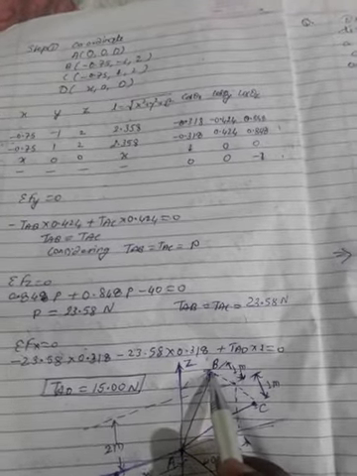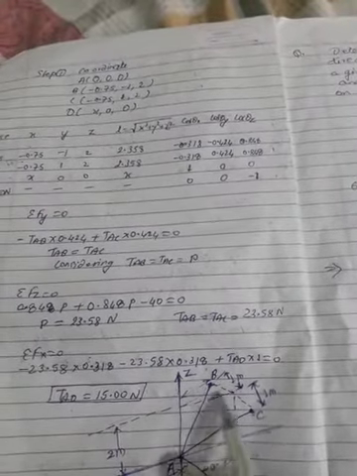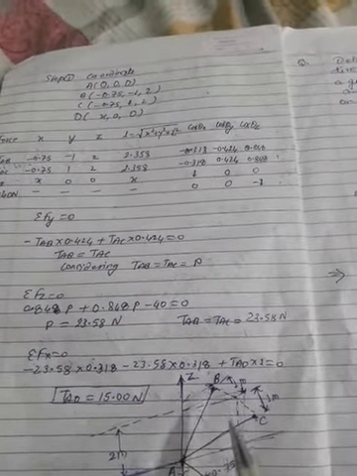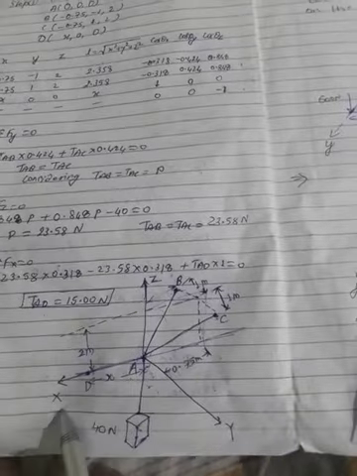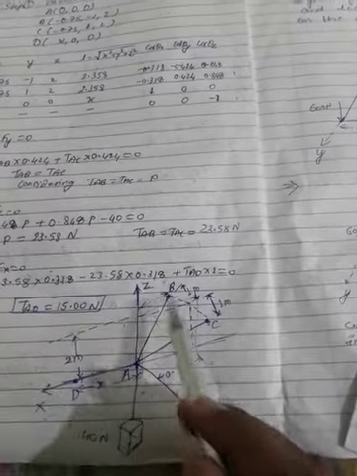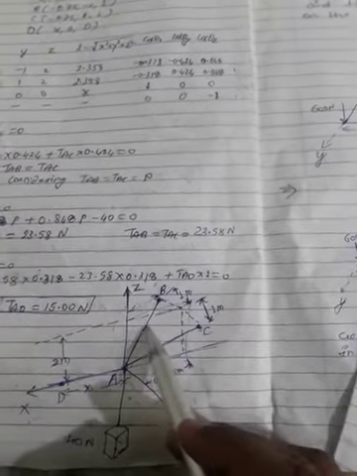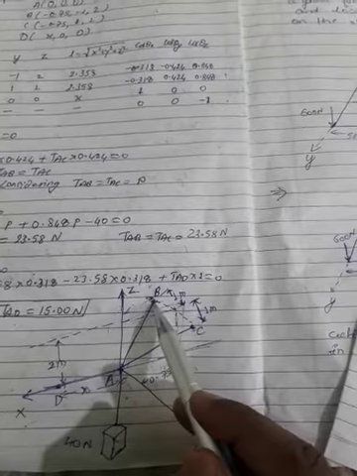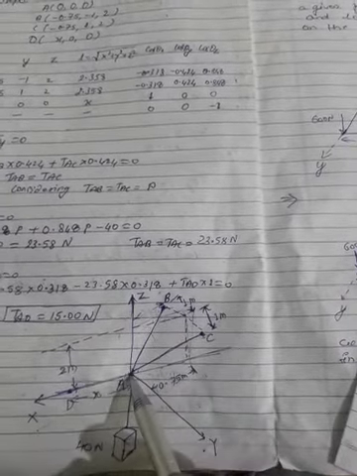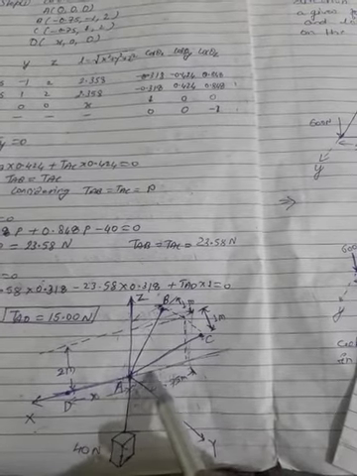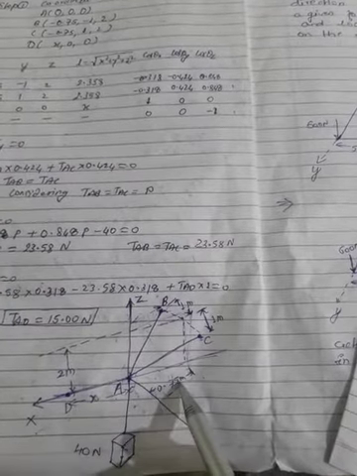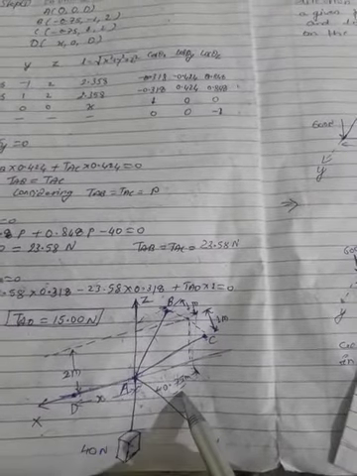Point B lies on the opposite side of this xz plane, so it is in space. This is the positive x axis, this is the positive y axis and this is the positive z axis. So point B is in space on that side of the xz plane. For that I am finding the coordinates. The x distance for point B is negative, that is 0.75, because it is in the opposite direction of the x axis, so minus 0.75.